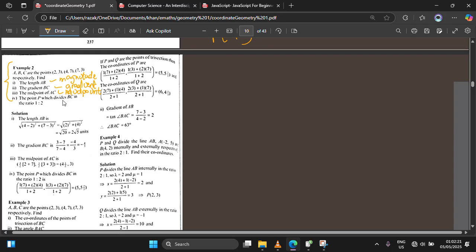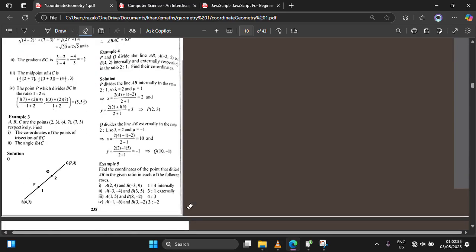Point P, which divides BC in the ratio, and this is division. Ratios. Right, so we've done pretty much everything this question asks for. So we could try them. Pause the video and try. Just make reference to your textbook.